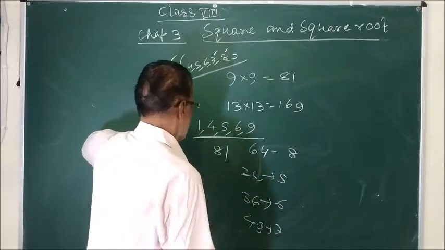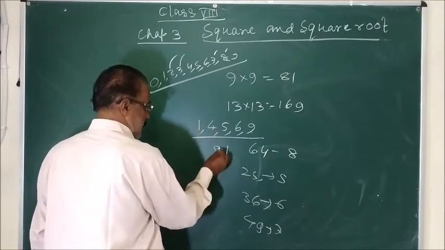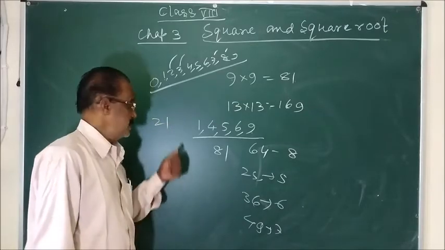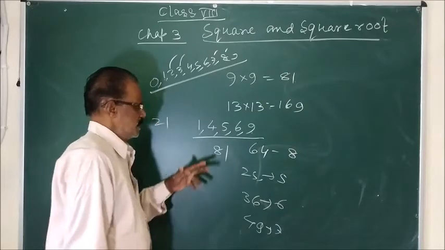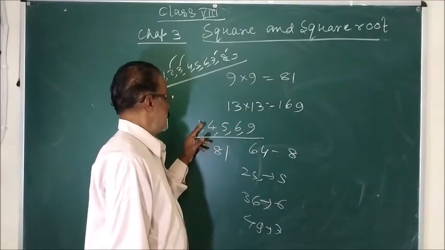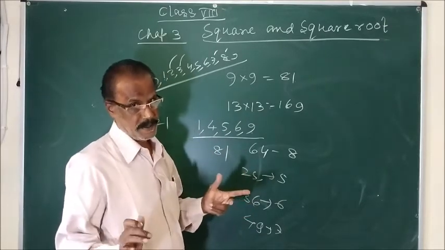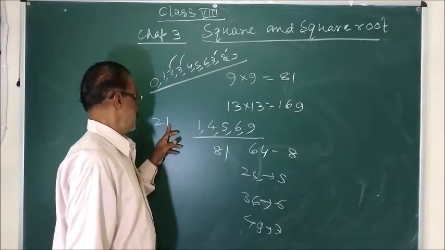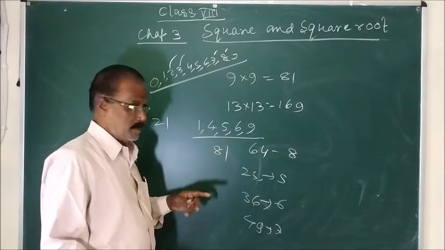But this is not confirmed. Maybe. Because 81 is a perfect square. I tell you 21, 1 in the ones place, but this is not a perfect square. These digits, if they are in the ones place, the number may or may not be a perfect square. 21 has 1 also here, but this is not a perfect square. 81, perfect square.